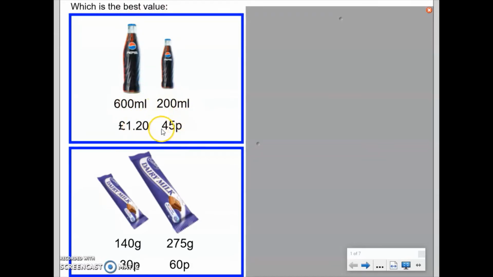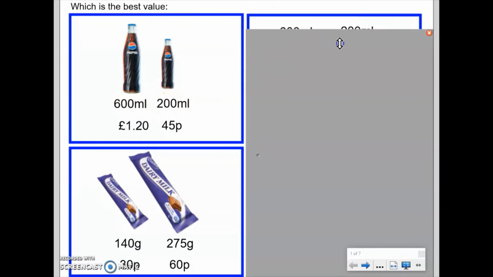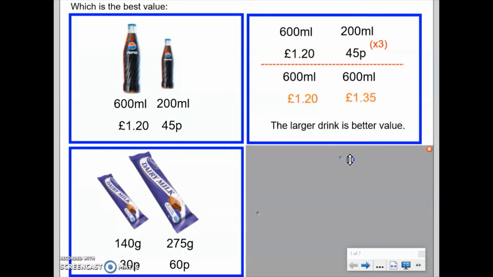So the easiest thing to change here is if I look at the small bottle, it currently has 200 milliliters. If I was to multiply that by 3 along with the price, then I would have a comparison because they would both have 600 milliliters. And that's exactly what I've done when I've gone to answer the question.